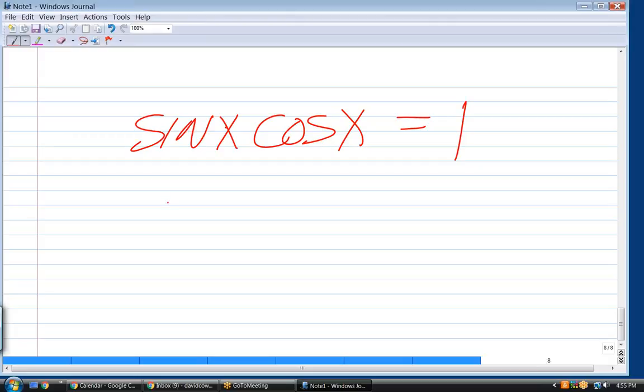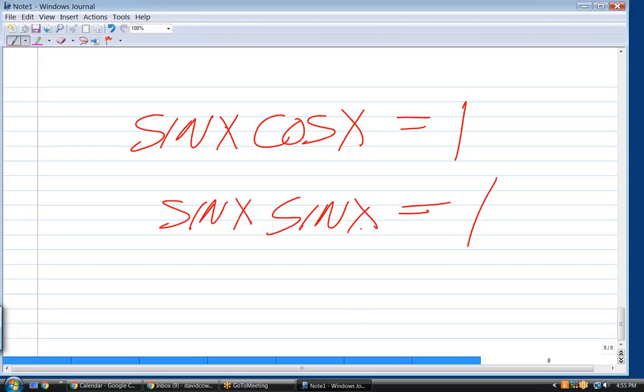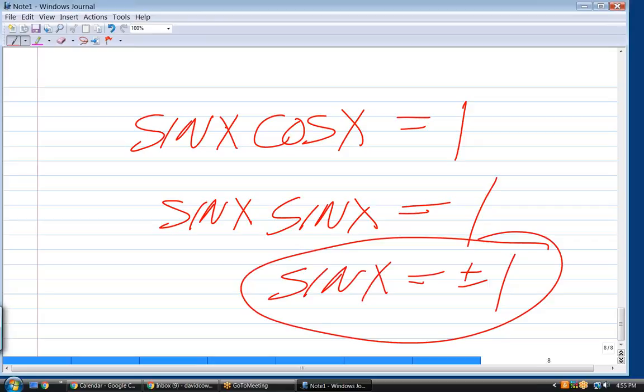If I said sine x times sine x equals 1, well, I can solve that because now I can take the square root of both sides. So I get sine x equals plus or minus 1, and I can figure out what angle x must be to give these two possible answers.